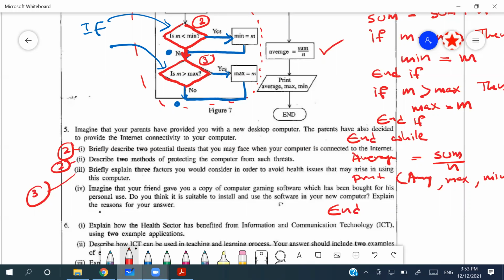It is still illegal. So likewise, you can do the explanation.